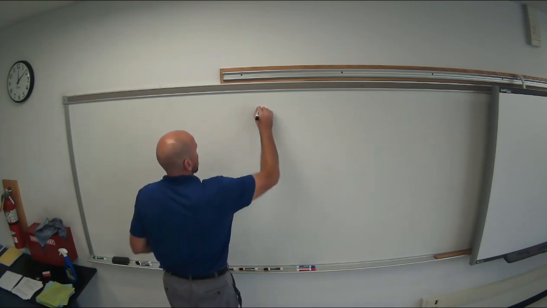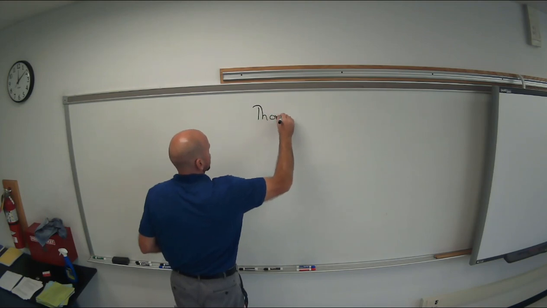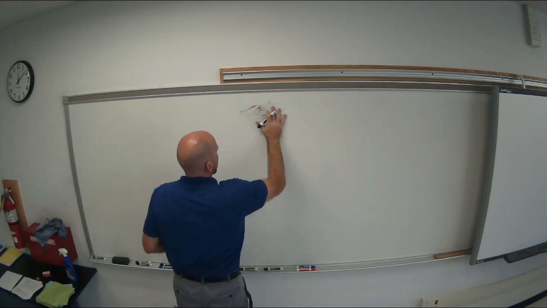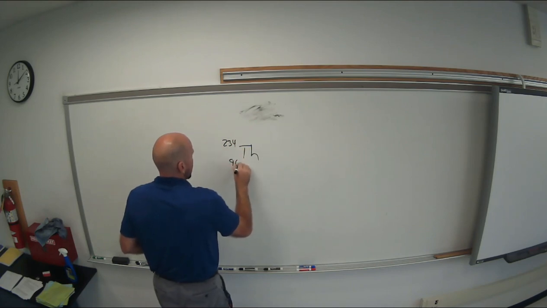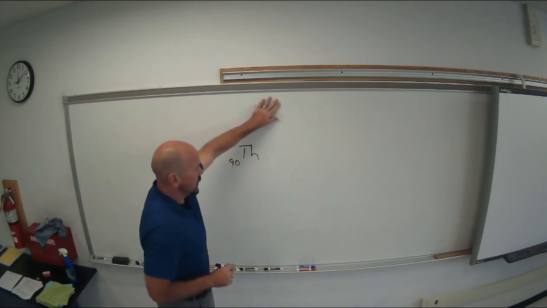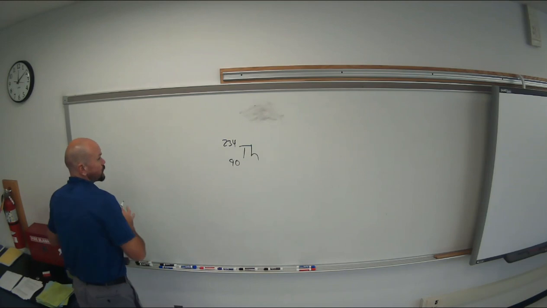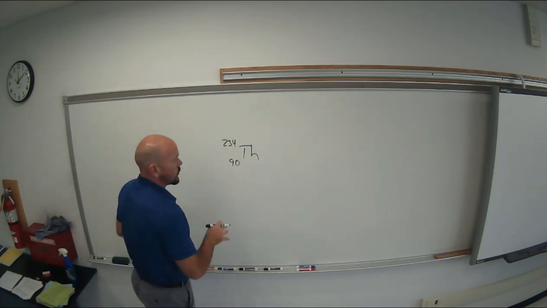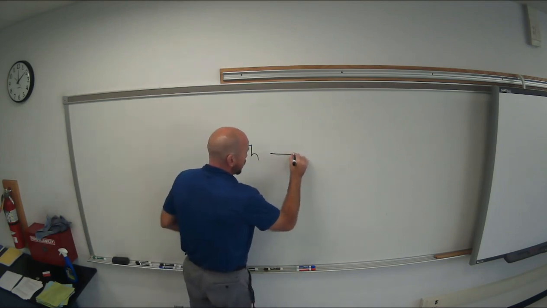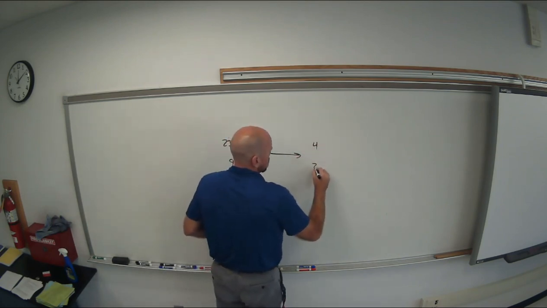So let's say thorium-234, atomic number 90. If I say that undergoes alpha decay, what we're going to be doing is I would write thorium-234 and then yields an alpha particle.